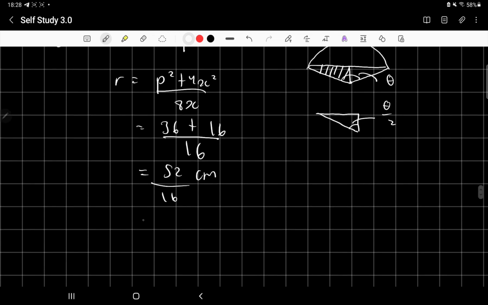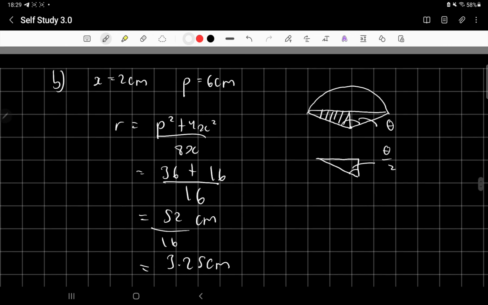If you want to simplify it, we can. Let me use my calculator. We will get 13 over 4, or in decimal form, if you prefer, 3.25 centimeters. So this is our radius. So basically, this should be 3.25 centimeters.